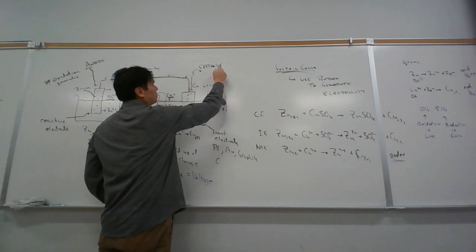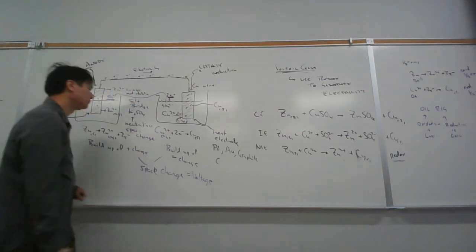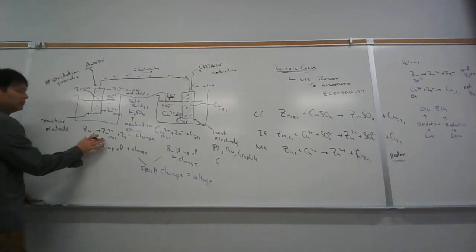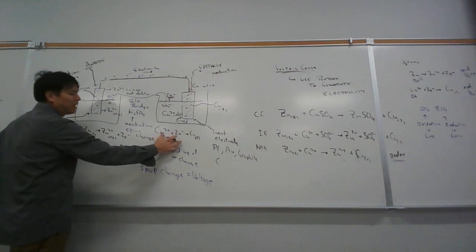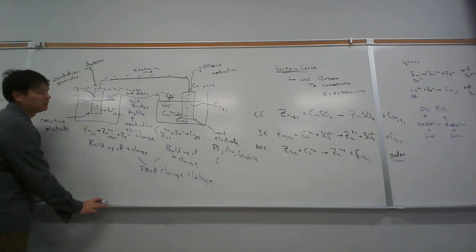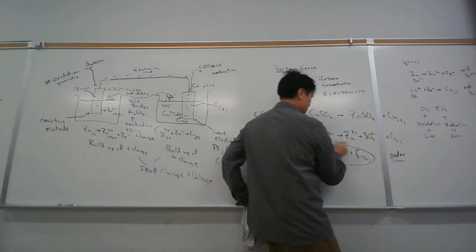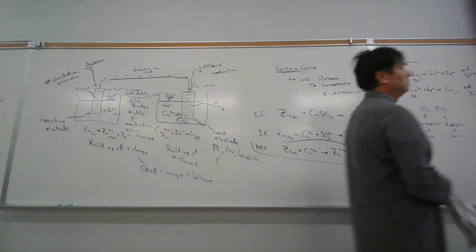That's where reduction occurs. And so this would be the anode half reaction or the oxidation half reaction. This would be the cathode half reaction or the reduction half reaction. And the net redox reaction is just given by the net here.